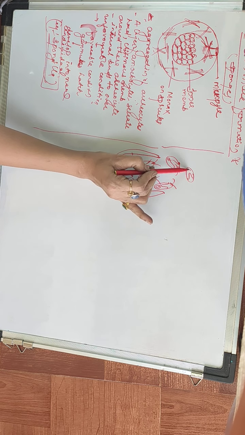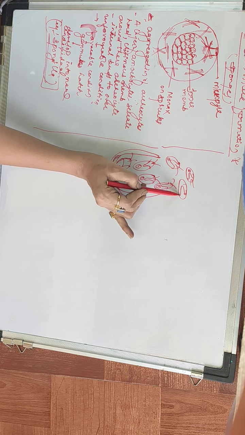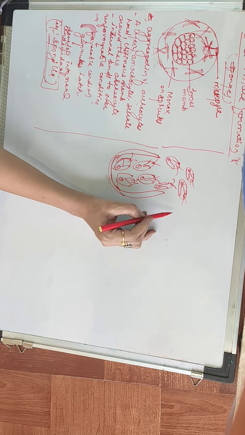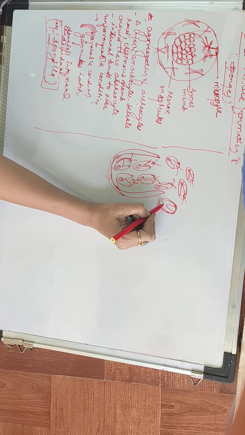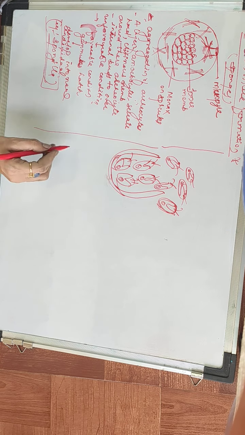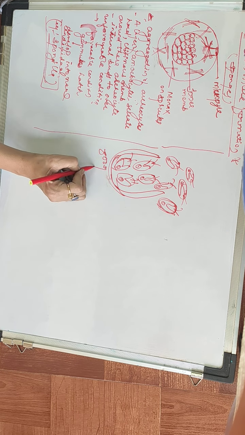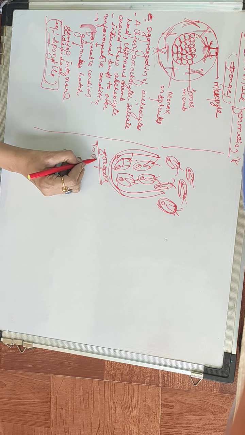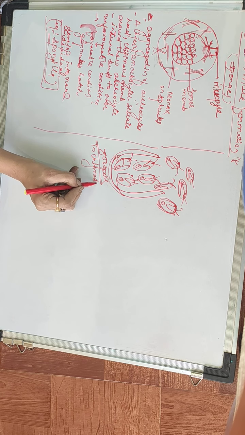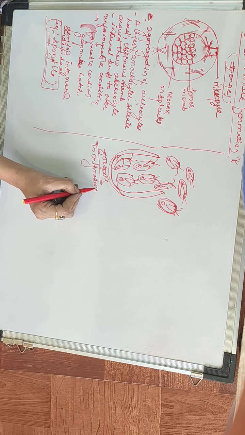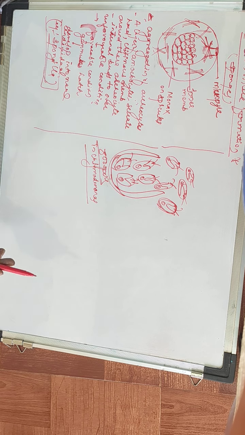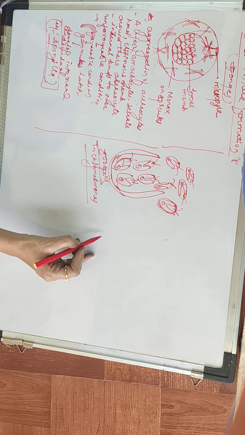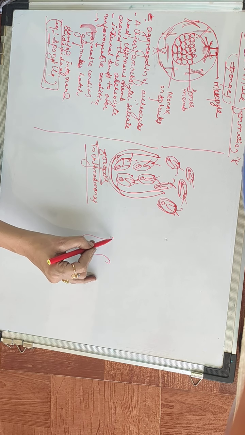That is the structure of zoospores. Zoospores are motile because they are flagellated. And then we see the conidia. The structure of conidia is just like that. I will show you how to draw it.